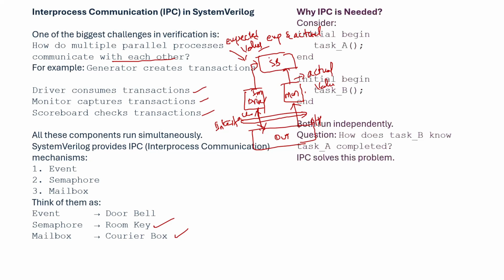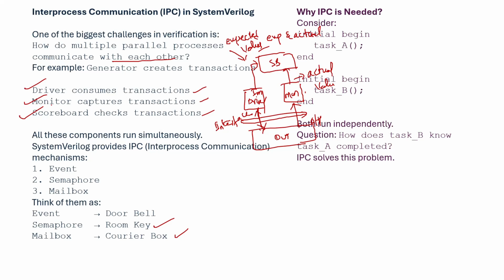So that is the reason here it says the driver consumes the transaction, the monitor captures the transaction, and the scoreboard checks that. See, what is the use of inter-process communication here? Suppose I have different tasks, task A, task B, and task C. All are different initial blocks. I'm in task A, in one initial block.